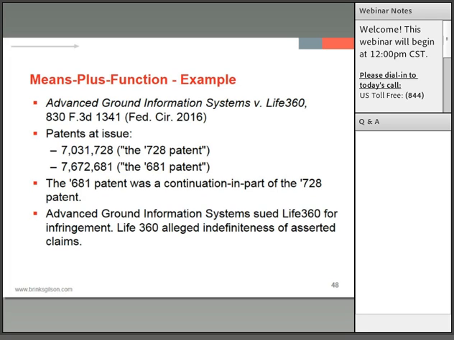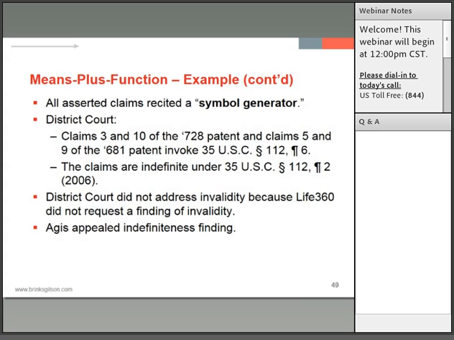So there were two patents at issue, and they were both related because the one was a continuation in part of the other. And the patent owner, Advanced Ground Information Systems, sued Life360 for patent infringement, and Life360 in turn alleged that the claims were indefinite. Surprisingly, they did not assert that the claims were invalid, and I don't know why. But what the claims did is they all recited a symbol generator.